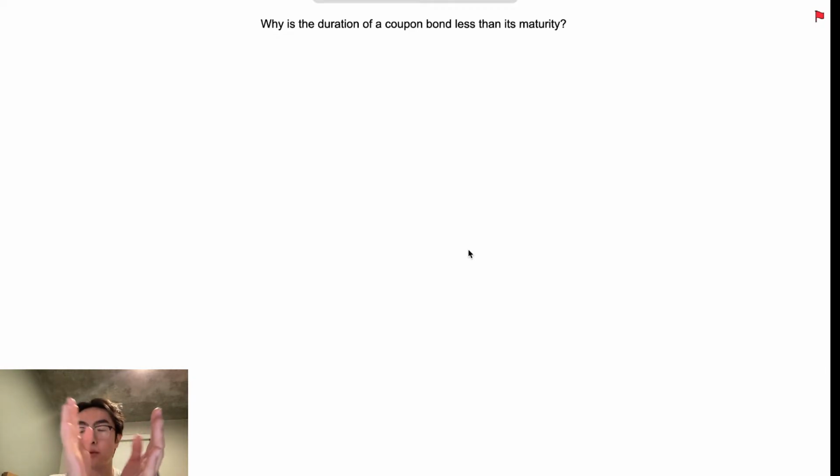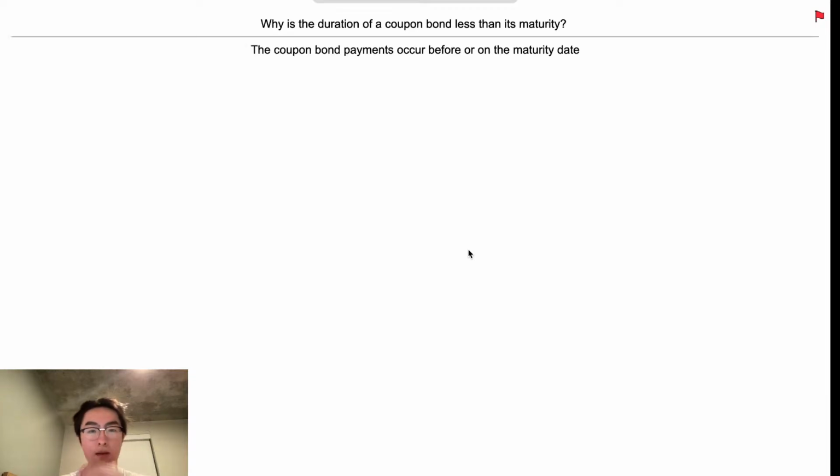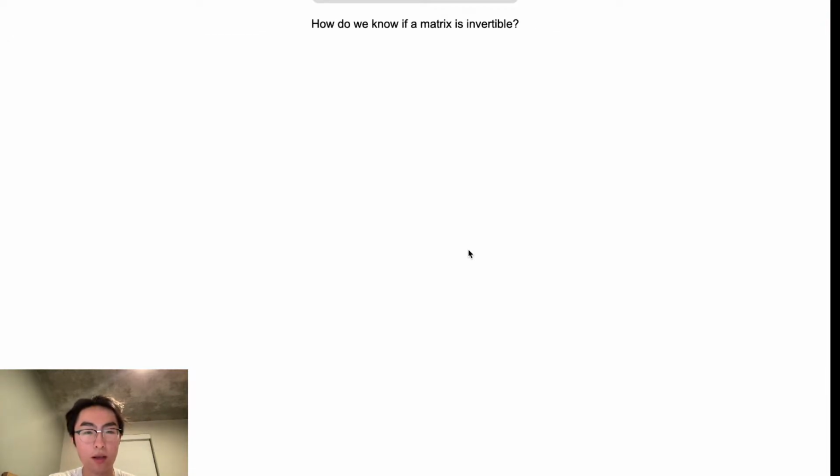And so because all of the weights eventually sum up to 1, most of the weights will be higher in the first half compared to the second half of the actual time until maturity. Yeah, that one's pretty bad.